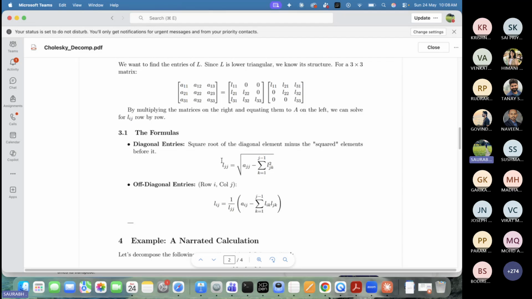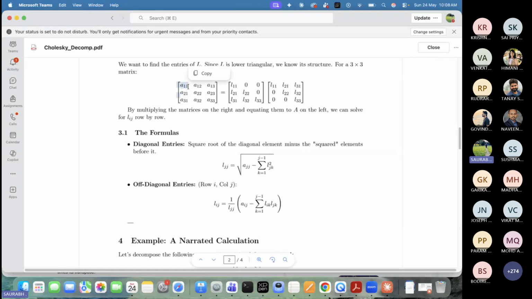So you can actually find out how you get to A11 by multiplying these matrices. Think of it as L11 squared equals A11. If you multiply, L11 times L11 plus 0 times 0 plus 0 times 0, L11 squared basically is A11. So you can get to each value.